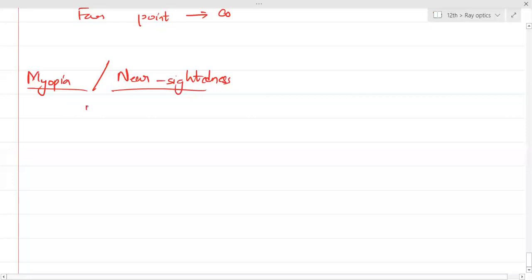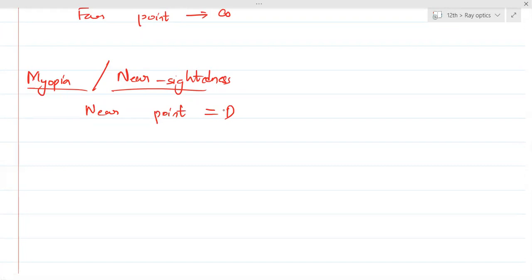Now myopia में क्या होगा? Myopia में will near point change? Myopia में near point will be equal to D itself, right? Because देखो, the objects which are closer, you can properly see. मतलब closer to your eye there is no issue. So near point does not change. But what happens to far point?